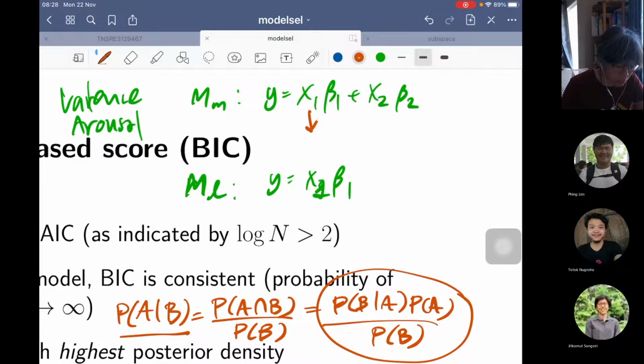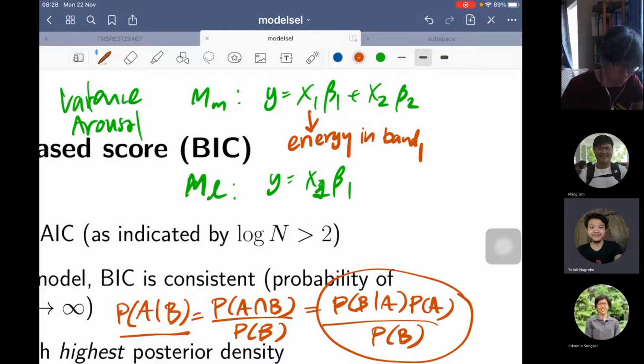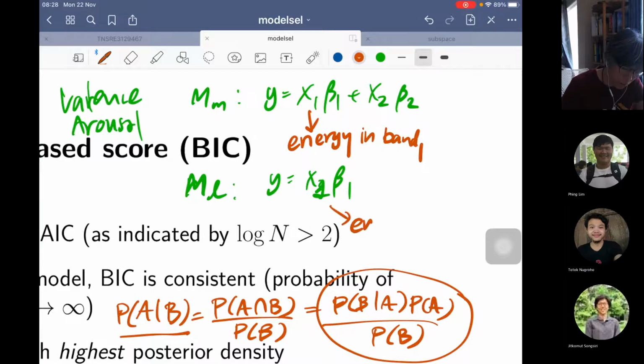Let's say it represents energy in band 1, the frequency band 1.